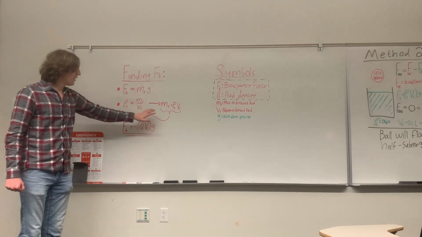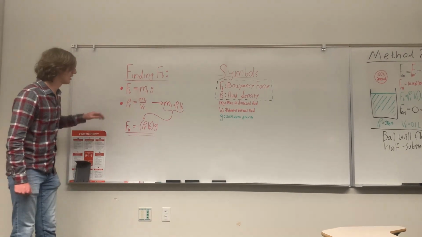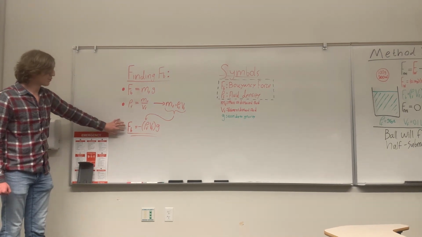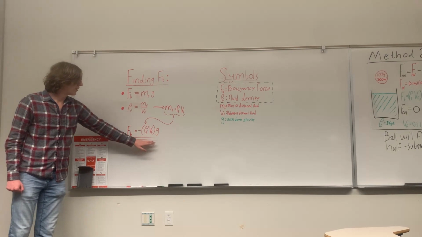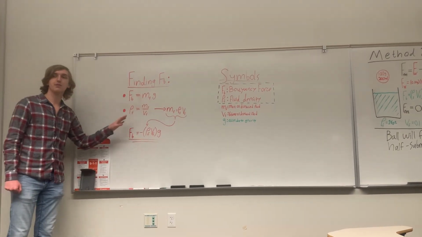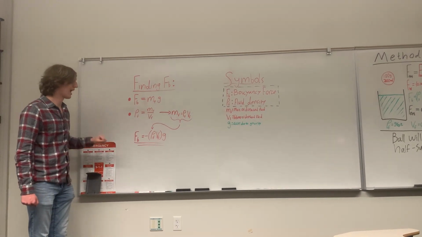So if we solve for mass in this density equation and plug it back into our Newton's second law equation, we get the force of buoyancy equals negative rho times the volume times gravity. And it's negative because the force of buoyancy is an upward force while gravity is accelerating down.